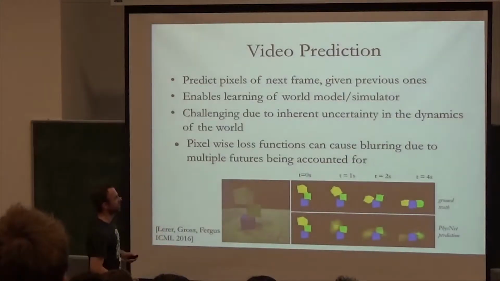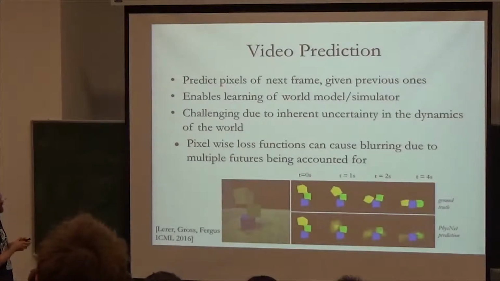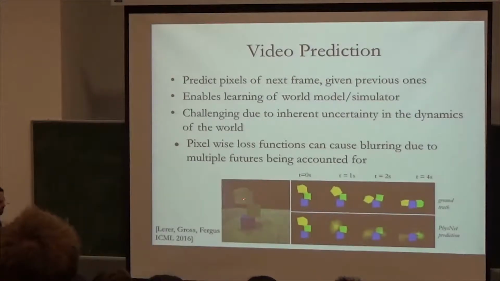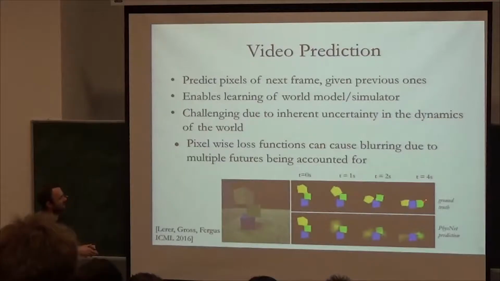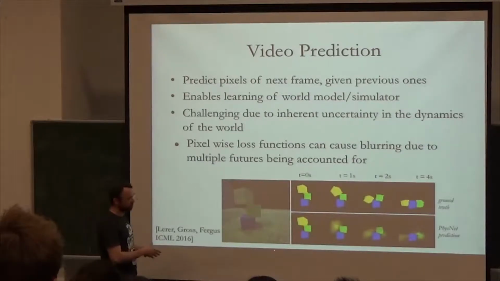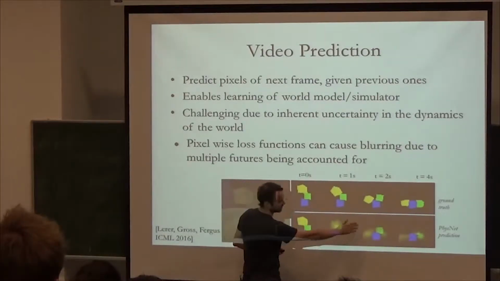Okay, so just to give you an example, this is just a little toy paper I was involved with where we had, in a simulator, some wooden blocks, and we put them in some random configuration, and you try to predict what would happen in the future. Okay, so you can see that sometimes they would fall over, and they would land like this, and you can train the deep net, given the initial image, to make predictions as to the future locations of the blocks.